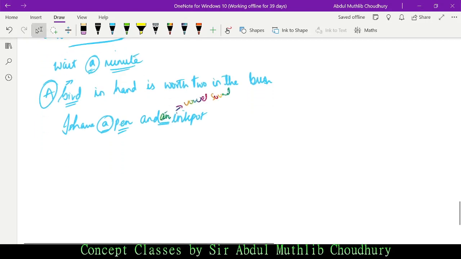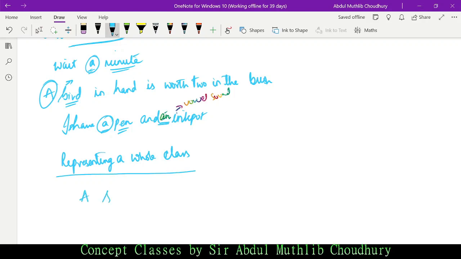Again, a is used to single out an individual as the representative of a whole class, collectively.